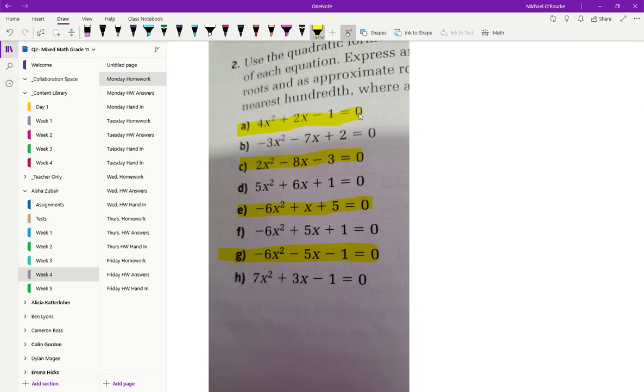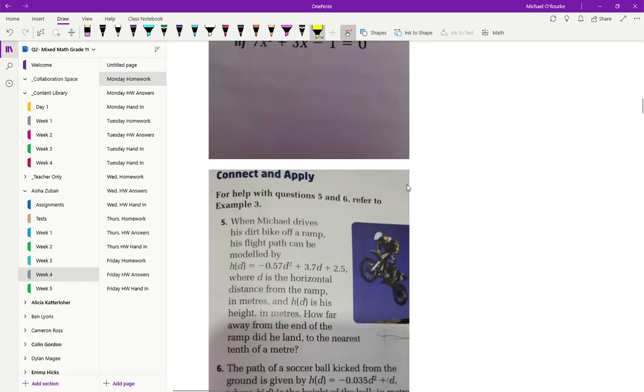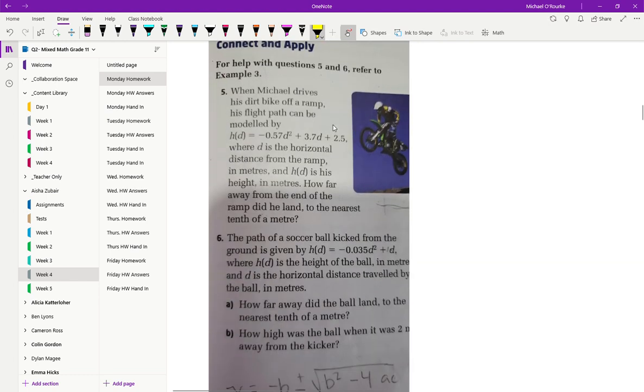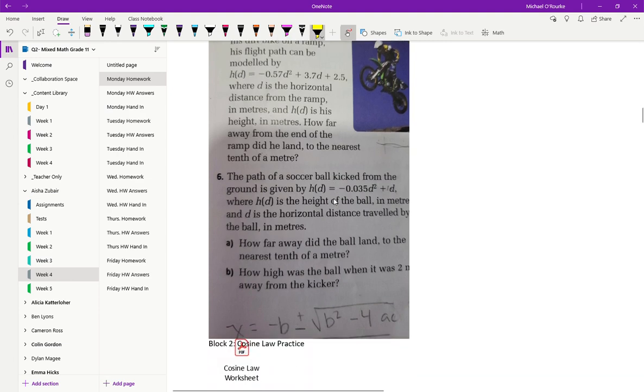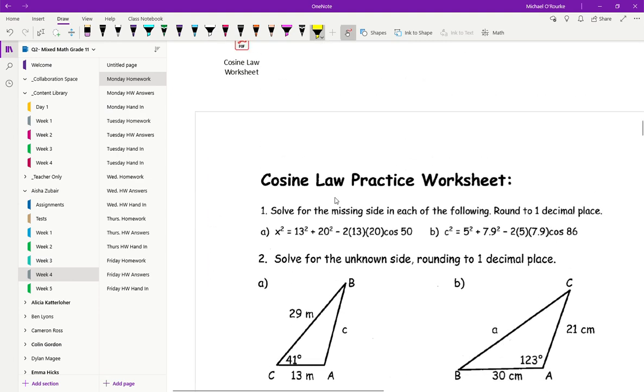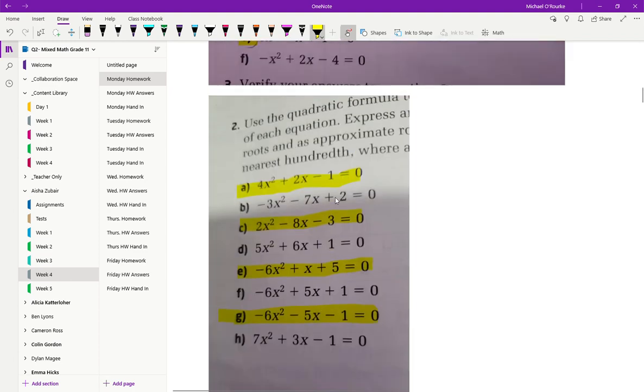Now, in all honesty, if you do these questions and you get like 2 wrong, go practice another one. And then here are your word questions for you to work on. Make sure you know what you're doing. Does that make sense to everybody?